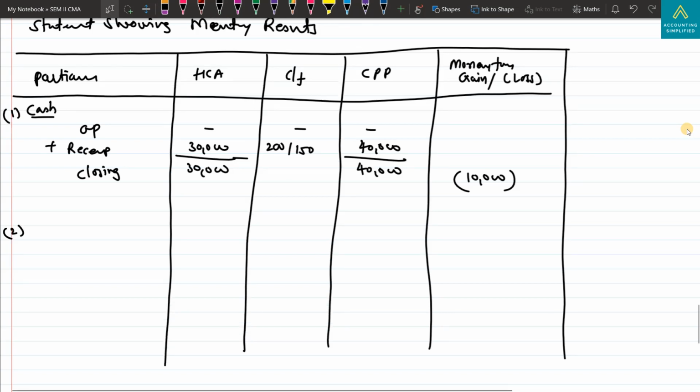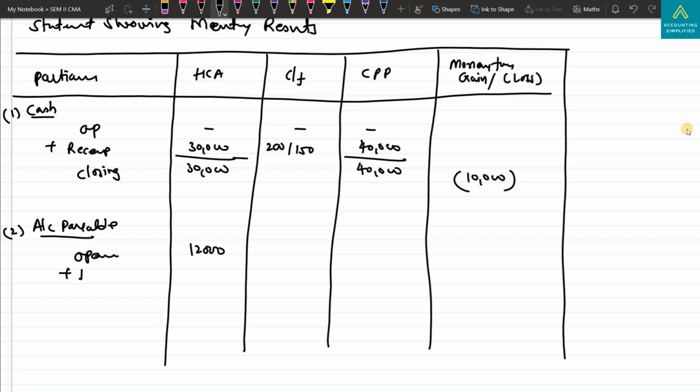So this is first. And second, very easy, accounts payable. Accounts payable, let's see. Opening is 12,000 and closing is 18,000, so increase how much, 6,000, so total 18,000. So for opening it's a 2, for average 200 into 1 divided by 150. So 12,000 into 2, so 24,000, and 6,000 into 200 by 150, it comes 8,000, so total comes 32,000.